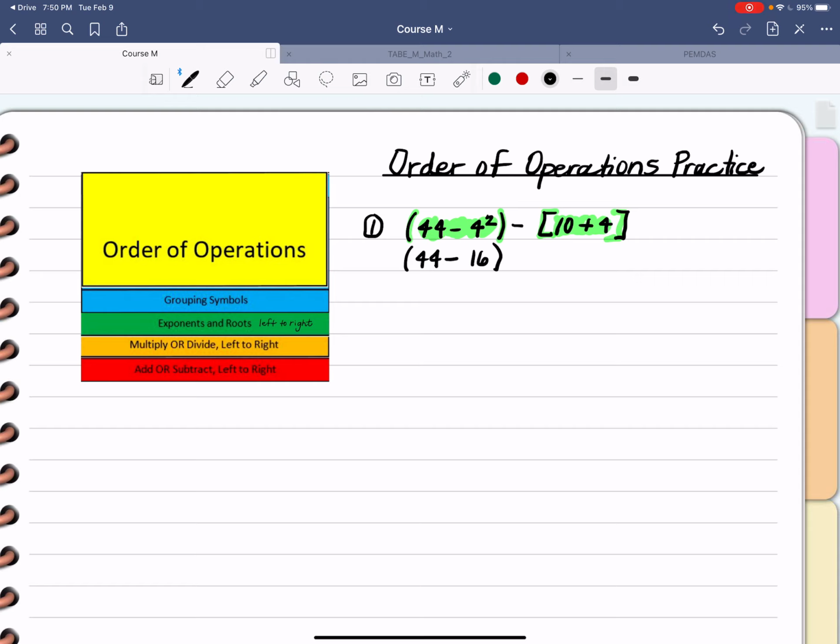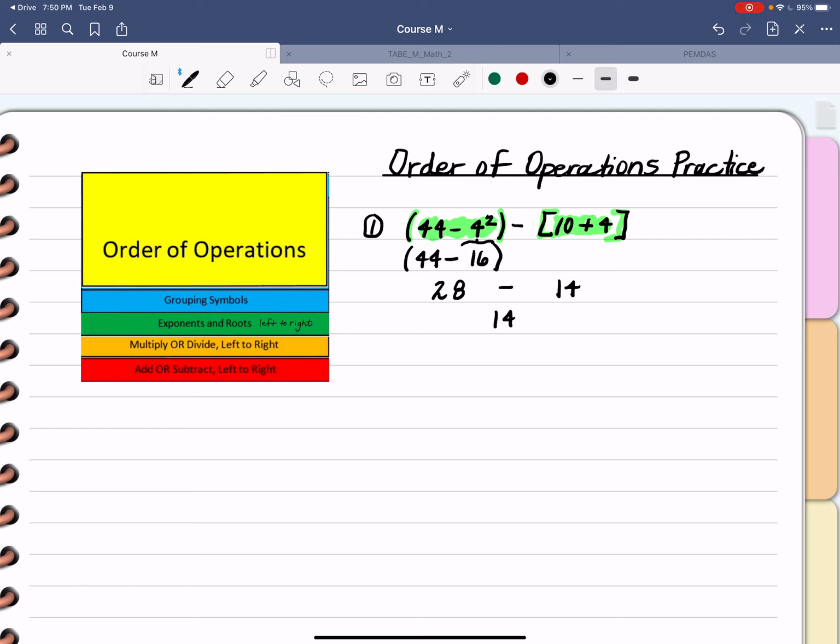And then I'm going to keep simplifying. You want to make sure you get it all the way simplified. So I have 44 minus 16, and you can use your calculator if you need it. That is 28. And then over here, I have 10 plus 4, that is 14, and then I will subtract those two. So 28 minus 14 is 14.